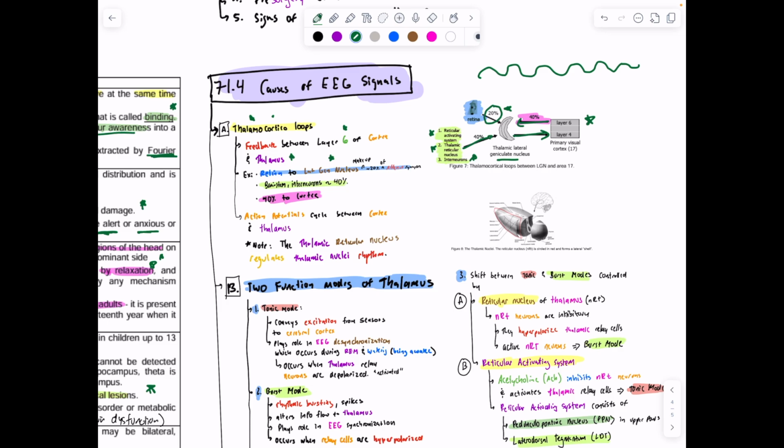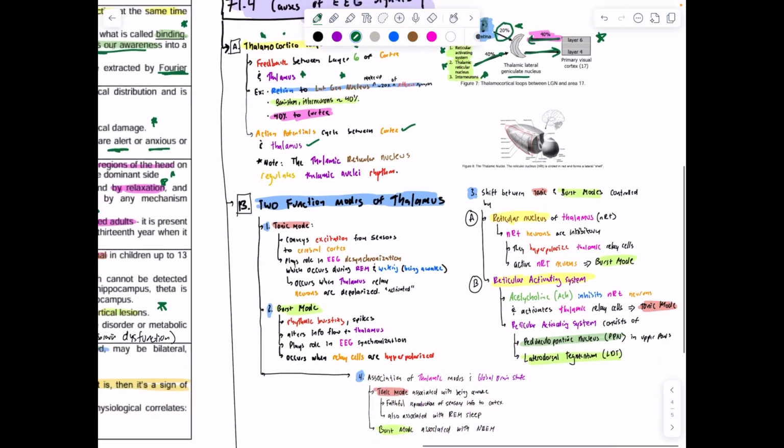And so you have these action potentials cycling between these two regions, and you have sort of a rhythmic beginning of a wave, right? So sensory information from the eye goes to the cortex, then back to the thalamus, then to the cortex, back to the thalamus, overall.